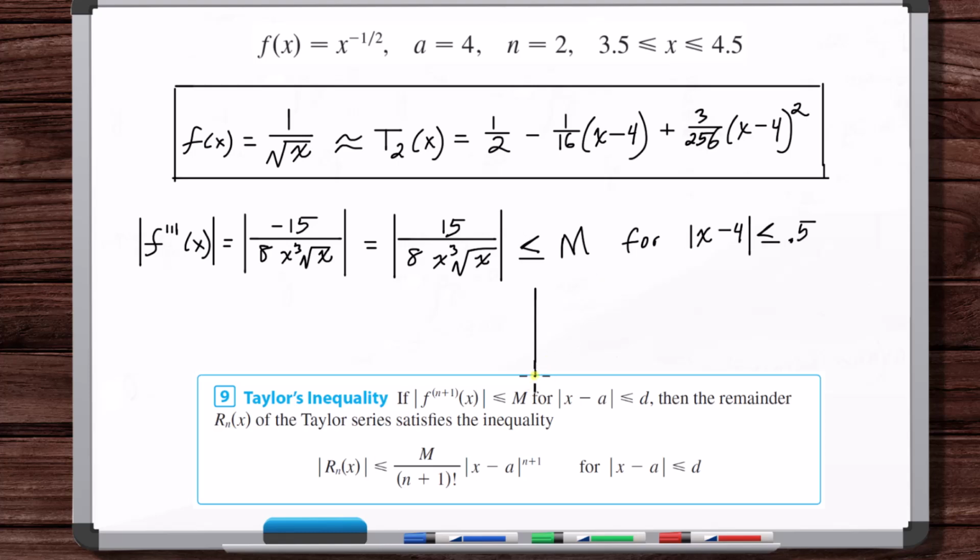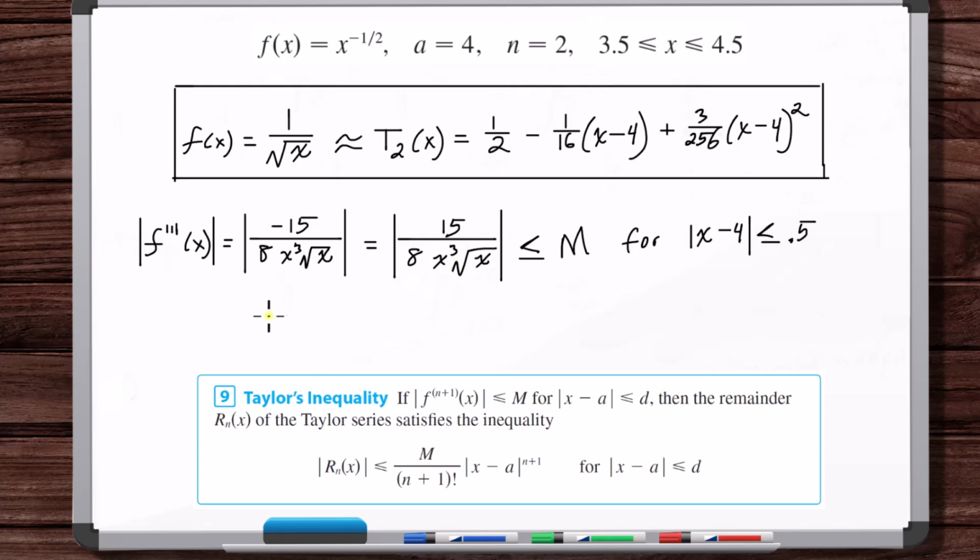So what we can see is that the smallest x value is going to make this the largest for this case here. We could have removed the absolute value because this can't be negative for the case that we're considering. Once we add this restriction, we could just remove the absolute value here. So it's going to be when x is 3.5 that gives that value.